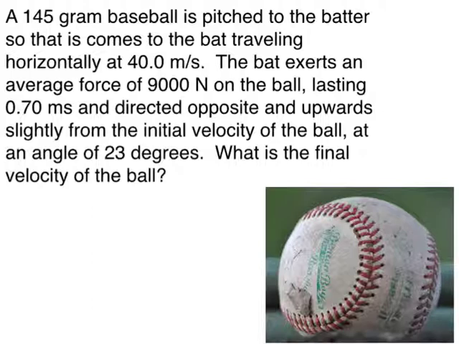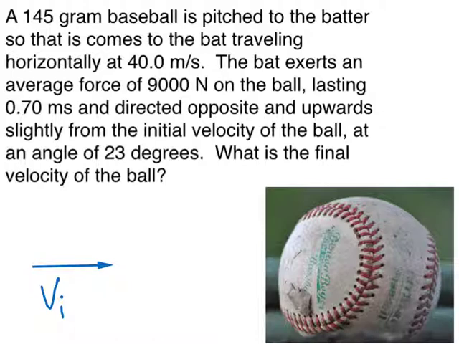So just to visualize this problem, the initial velocity of the ball is horizontal, and then the bat exerts some force on the ball, which I'm going to switch colors so we know it's a force, and the problem says that the force is directed opposite and upwards.